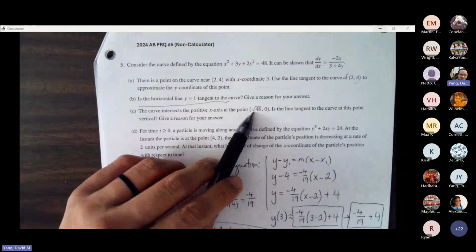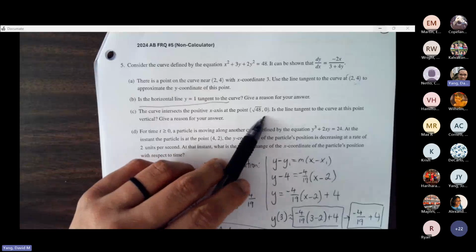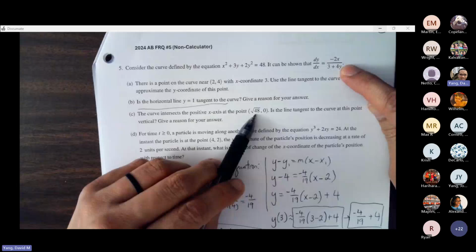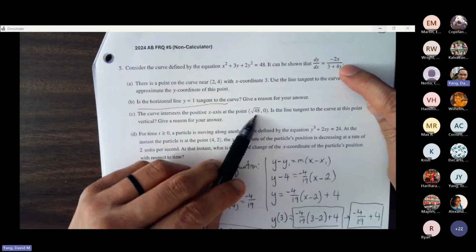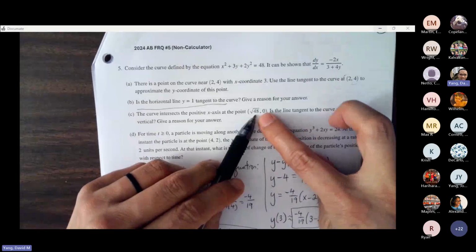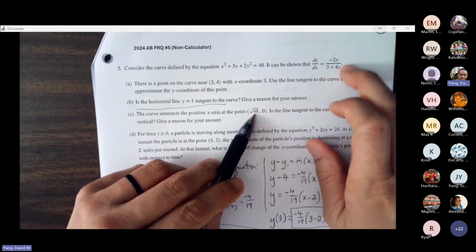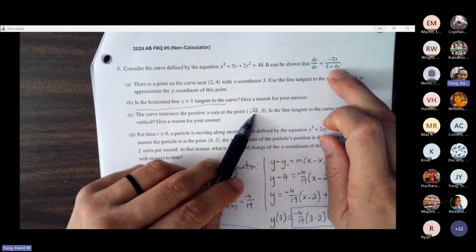So if there is a vertical tangent, then this should cause the denominator to zero out, right? If there's a vertical tangent, then the slope should be undefined. So all we need to do is plug that root 48, 0 into the derivative and see if it's actually causing us to get a 0 in the denominator.